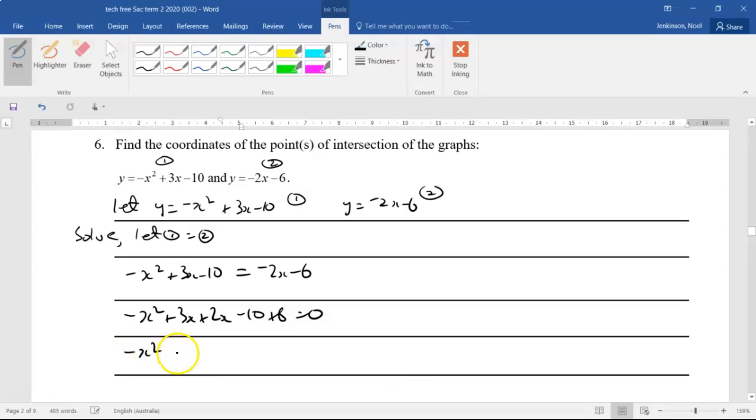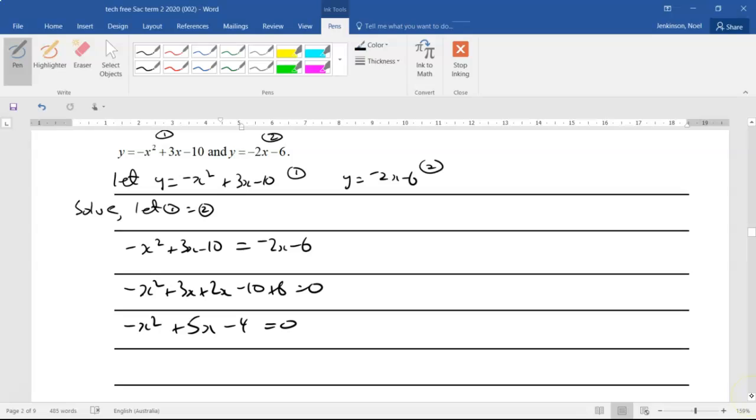Negative x squared plus 5x minus 4 equals 0. I'm going to take out the negative. x squared minus 5x plus 4 equals 0, and I've got a feeling that'll factorise because 4 times 1 is 4 and 4 plus 1 is 5, so I might do that.